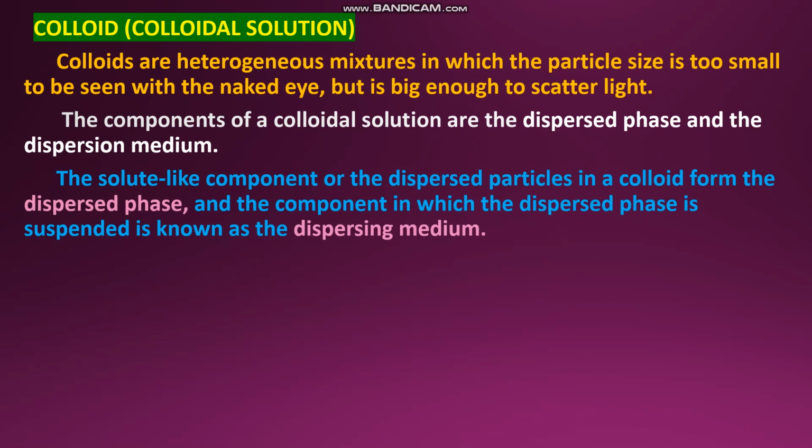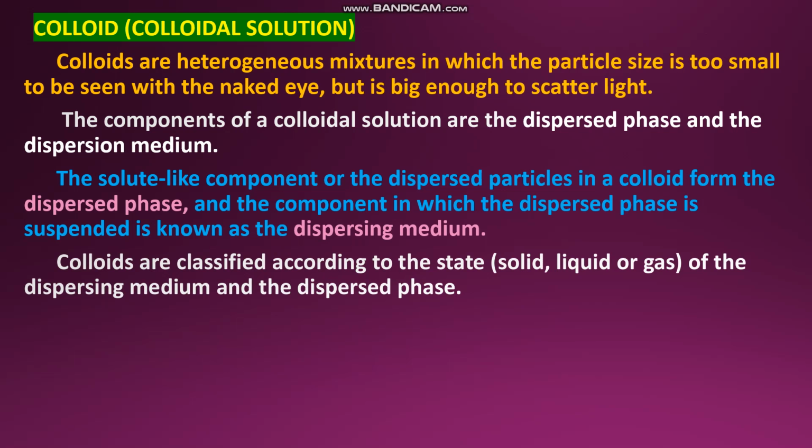The solute-like component or the dispersed particles in a colloid, that is called the dispersed phase. And the component in which the dispersed phase is suspended is known as the dispersing medium or dispersion medium. So solute-like particles are called the dispersed phase and in which they are distributed or suspended, that is called the dispersing medium or dispersion medium.